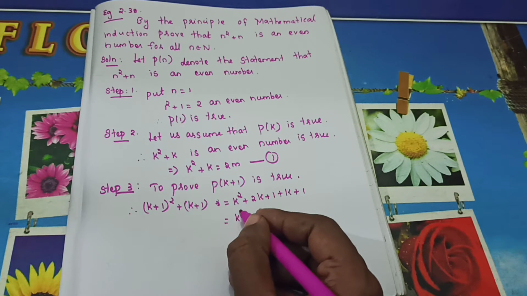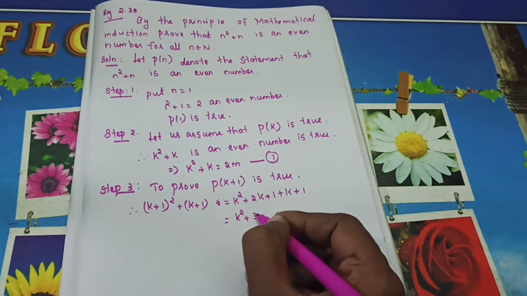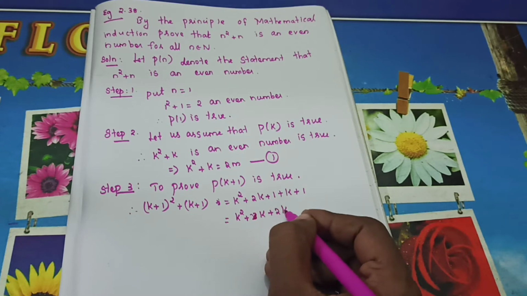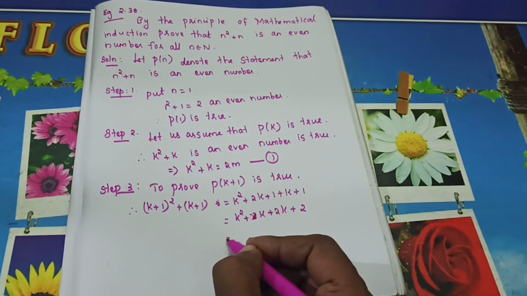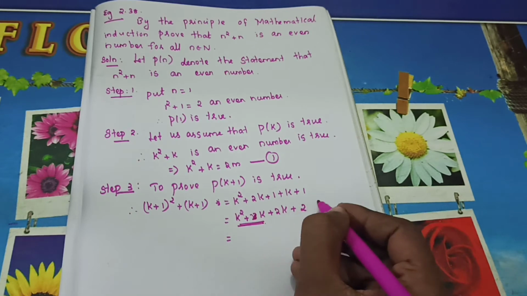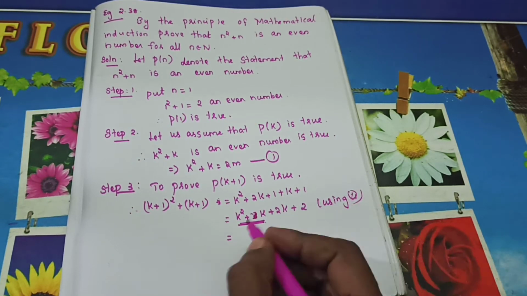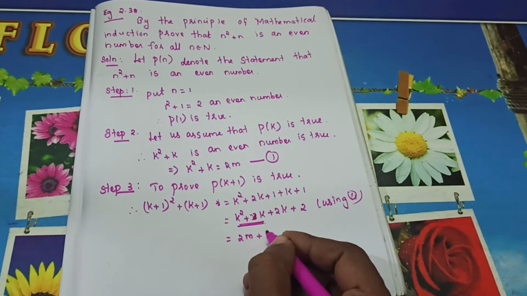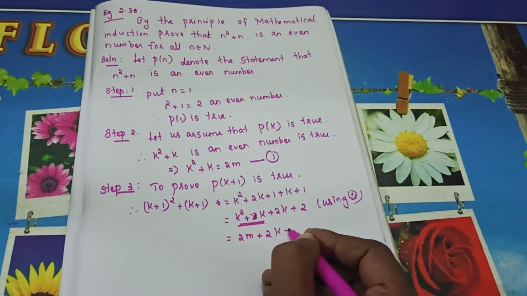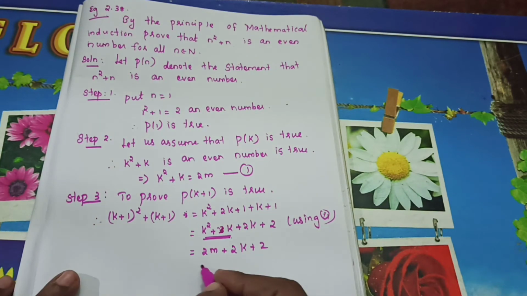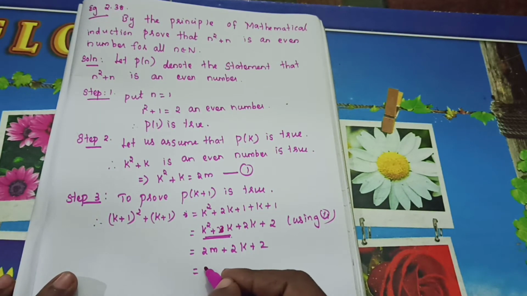That's equal to k square plus k plus 2k plus 2. Okay. In the place of k square plus k, using equation 1, what can you write? 2m, is it right? So 2m plus 2 into k plus 2. So that's equal to, what is common here? 2 is common.